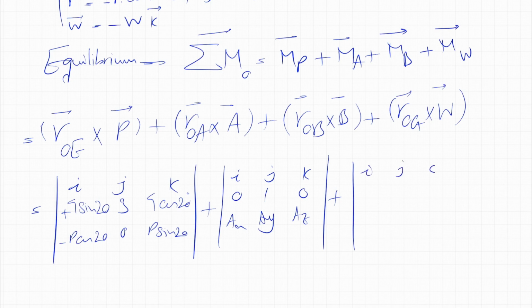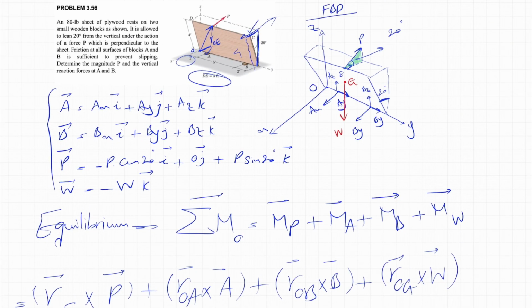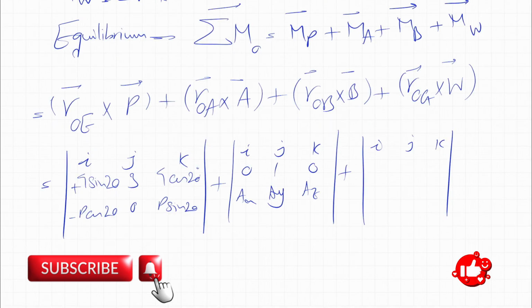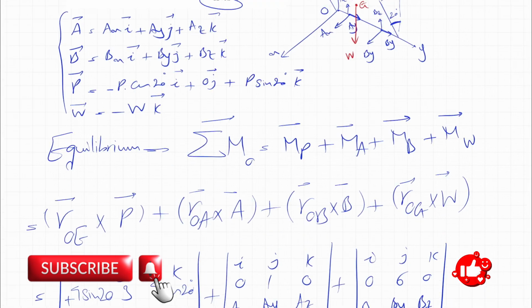And here we have AX, AY, and AZ. Same thing for B. This time we'll move 1 plus 5, which is 6, for the Y component. Again, no X and Z components.